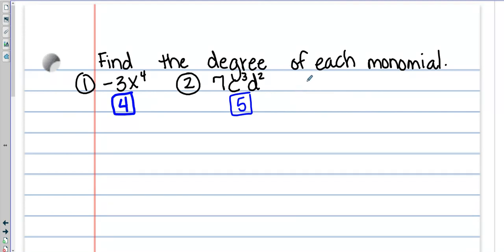Okay, number 3. Five-thirds y. Okay, you look at the variable, the invisible number here, and our answer is 1.